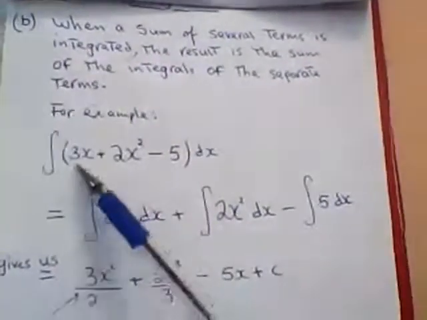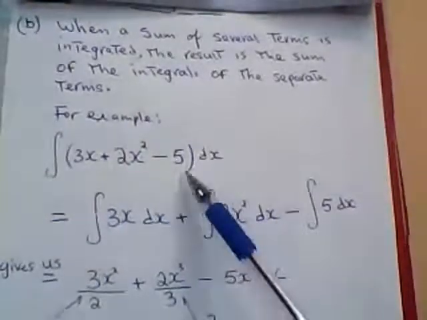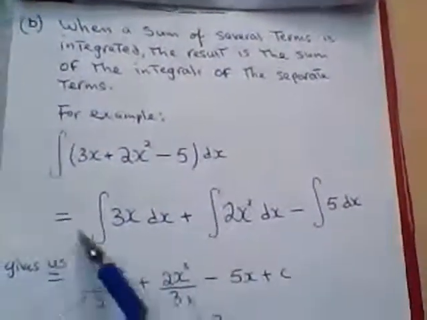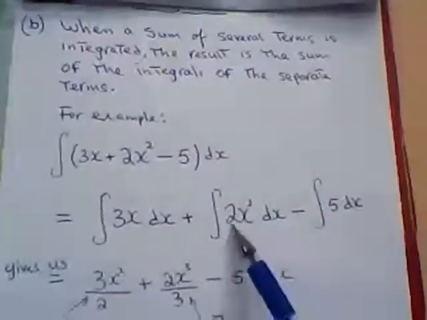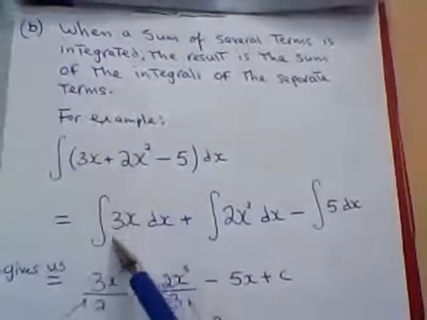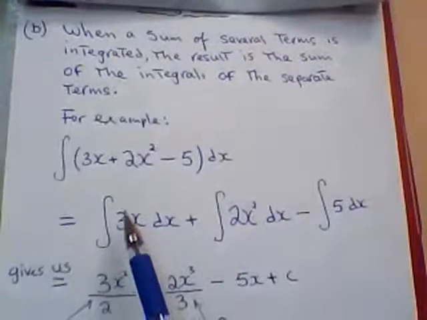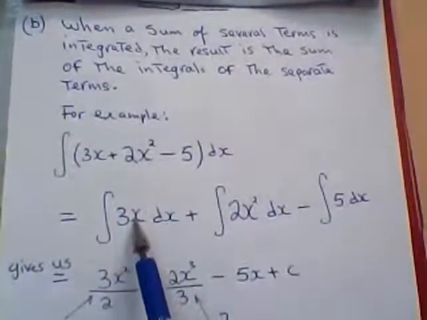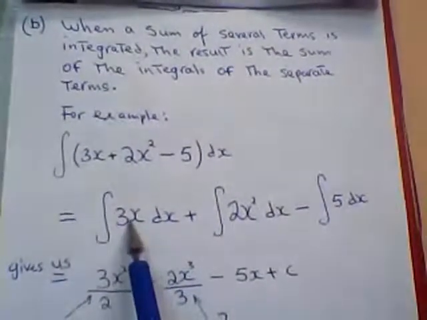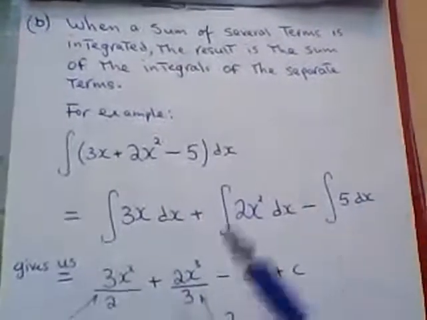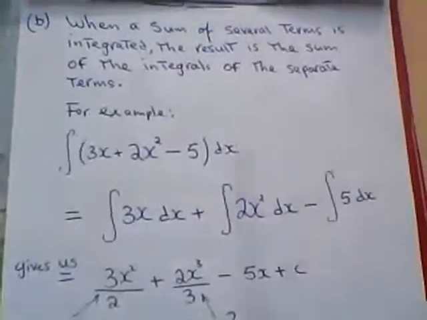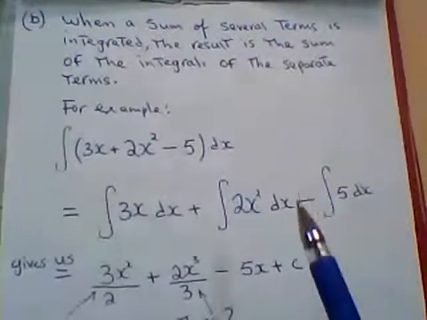For example, the integral of 3x plus 2x squared minus 5 dx equals the integral of 3x dx plus the integral of 2x squared dx minus the integral of 5 dx. You'll notice that we've taken each term and given it its own identity, for want of a better word.